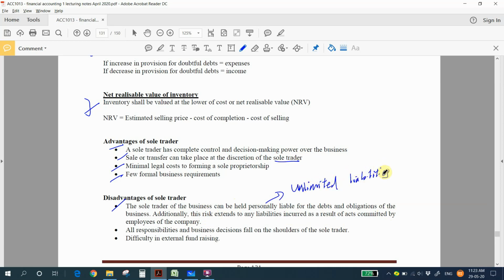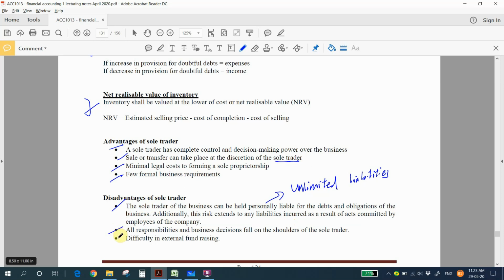Any loss or debts in the business, the owner has to use their own wealth or their own money to pay. All responsibility and business decisions fall on the shoulders of the sole trader because you are the only one, so you have to make all the decisions and take all the responsibility.